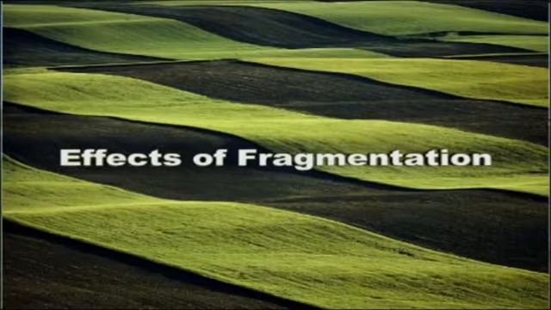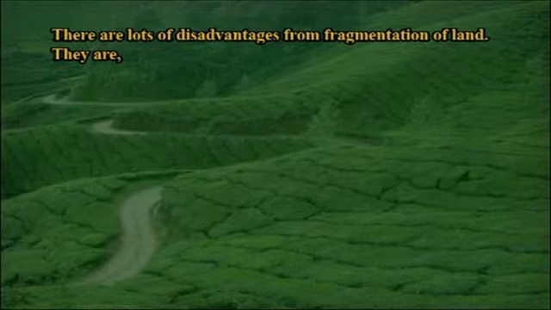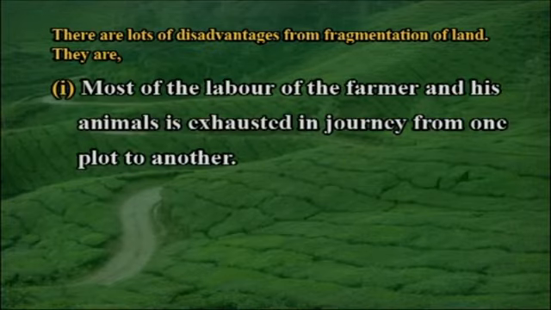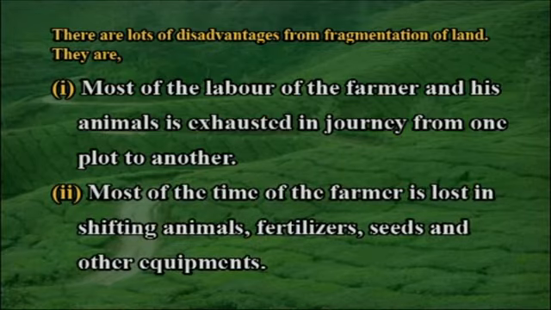Effects of fragmentation. There are lots of disadvantages from fragmentation of land. They are: most of the labor of the farmer and his animals is exhausted in journeys from one plot to another. Most of the time of the farmer is lost in shifting animals, fertilizers, seeds and other equipment.